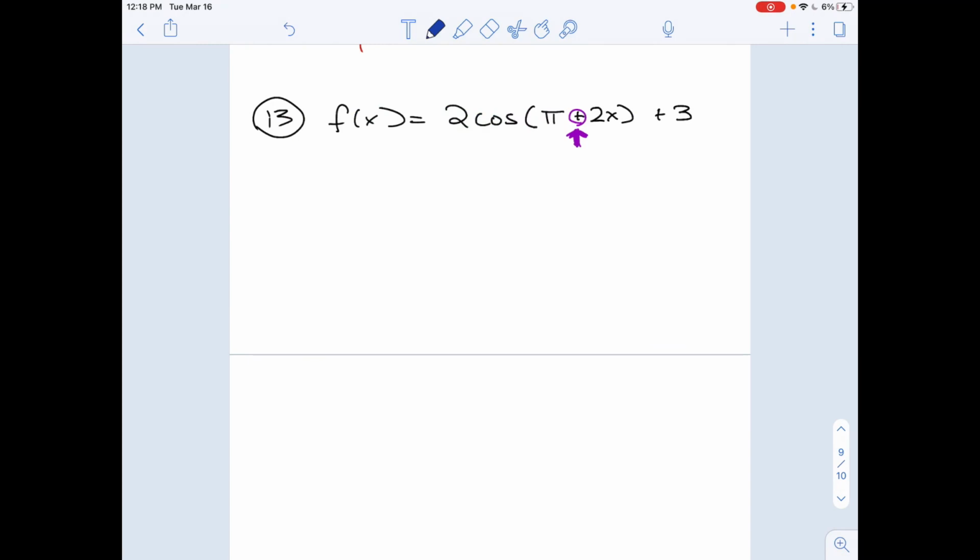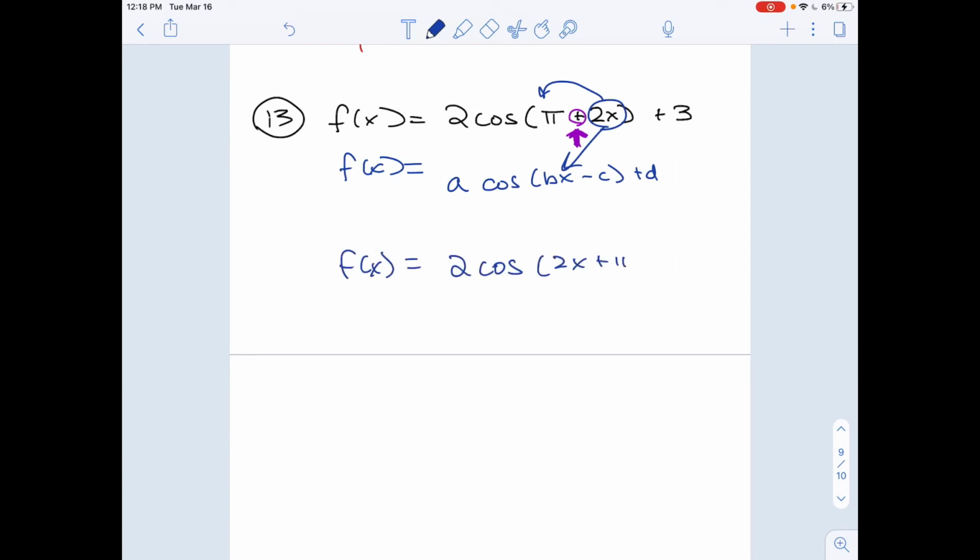So let's start by rewriting this first so that this x is actually in the front, because we're normally used to seeing something along the lines of a cosine bx plus c plus d, right? We're used to seeing it in that form. So we're going to put the x first. So we're going to rewrite this as 2 cosine 2x plus pi plus 3.